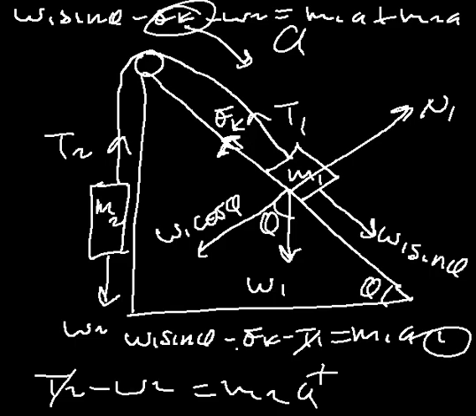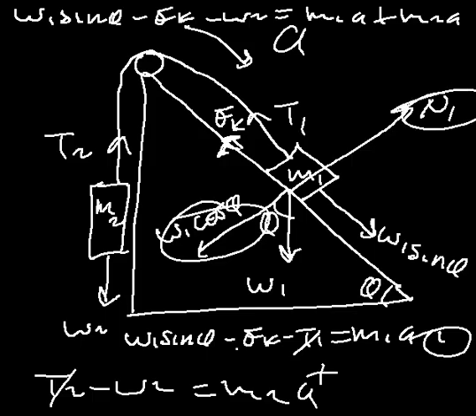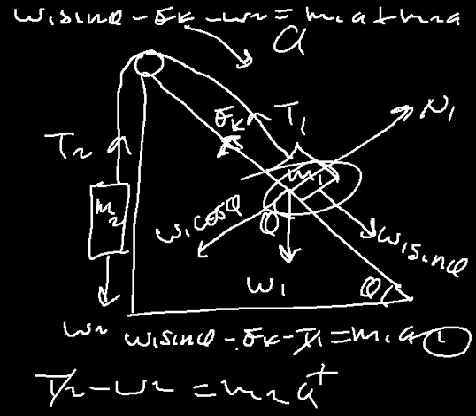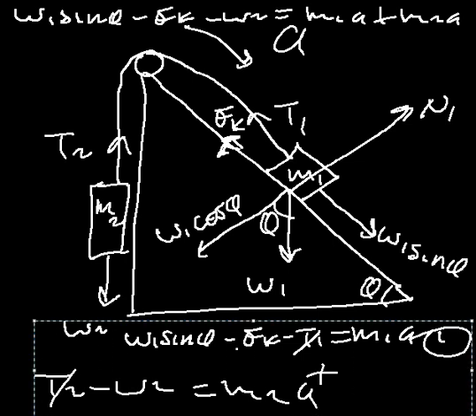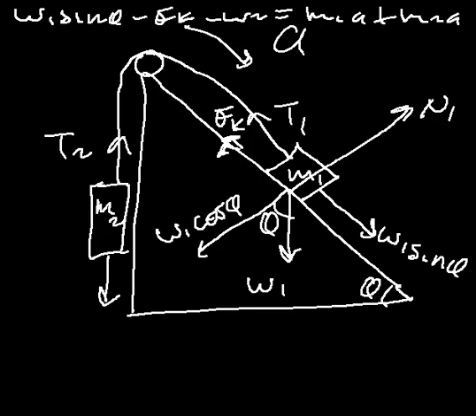What is Fk? Fk will be obtained from the forces acting on the y-axis only for object 1. Along the y-axis there's no motion for object 1, and therefore normal force 1 minus weight 1 cos theta is equal to 0.